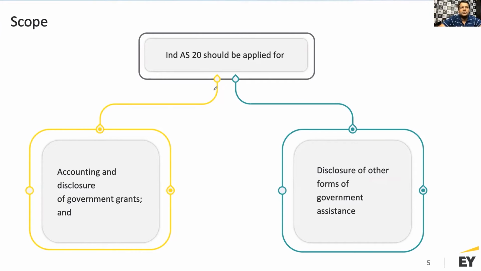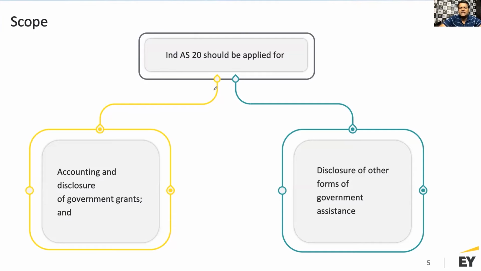Remember, the whole purpose of accounting is to demonstrate what are your assets, what are your liabilities, what is the capability of the enterprise to generate revenues, and for which how much expenses you've incurred. And if there is a third party intervention, which is government, let's say in this case, which has helped you for your performance, helped you in generation of income, or helped you in creation of an asset, or that results in recognition of a liability, you should be able to capture that, right?